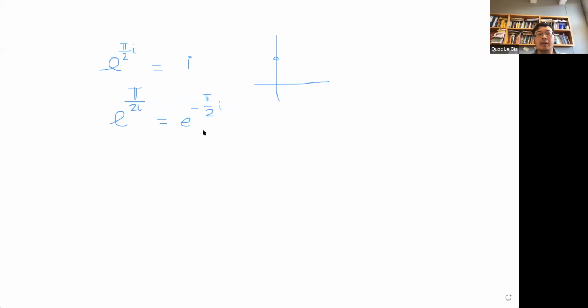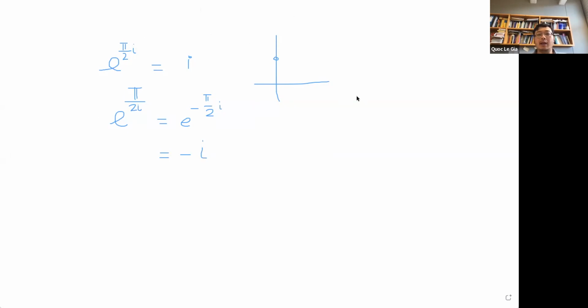And then in this case, 0 here and minus pi over 2 here should be minus i. So you can verify by Matlab. You put it in Matlab and you can see that is the case. So any question about this one?